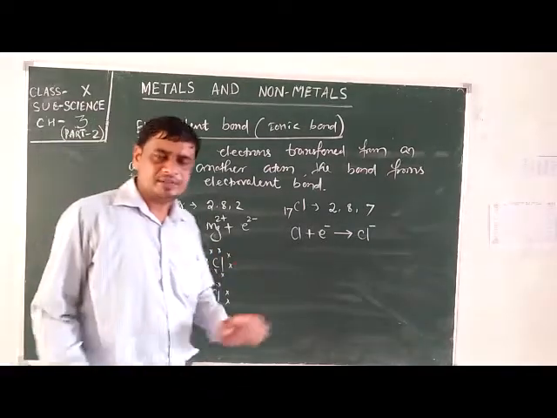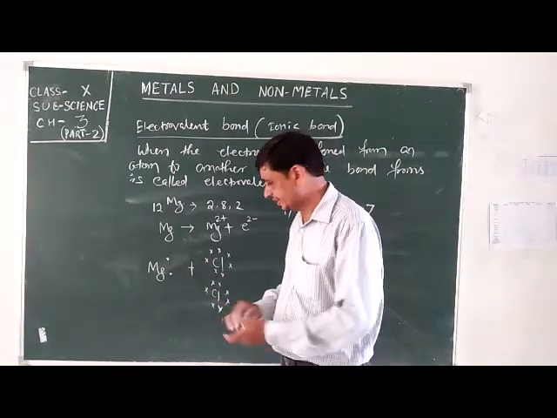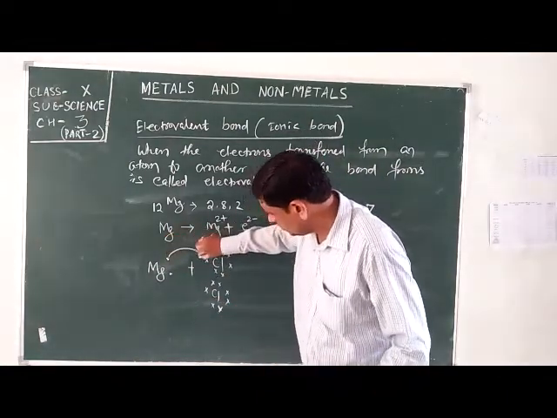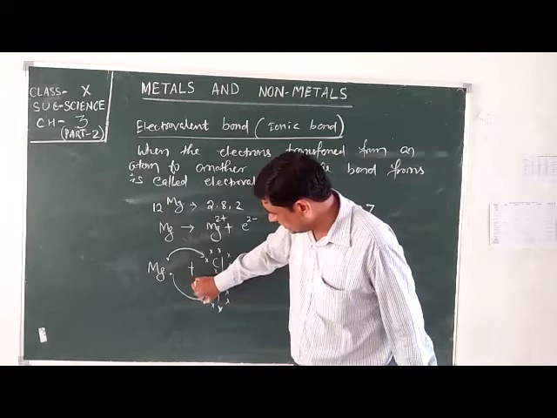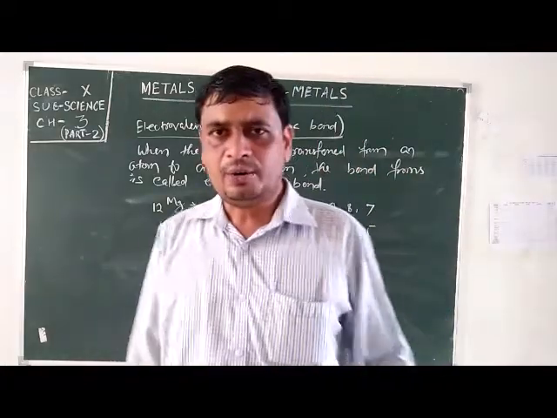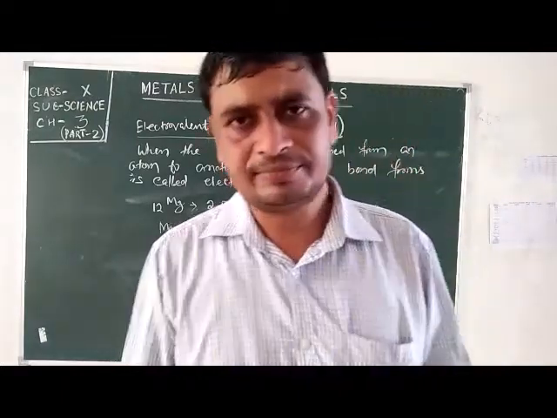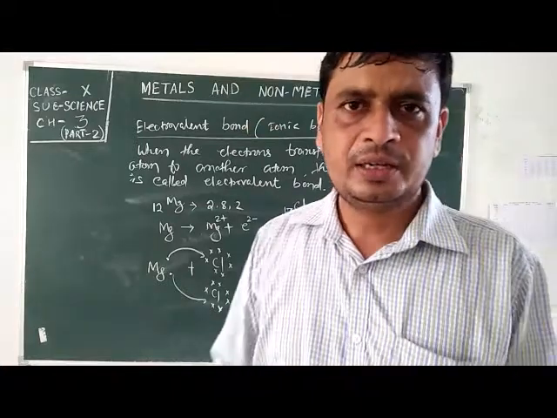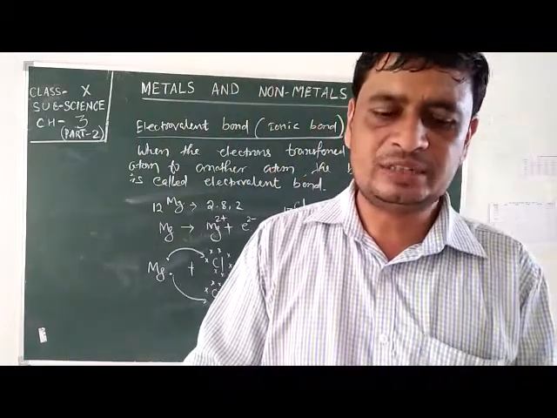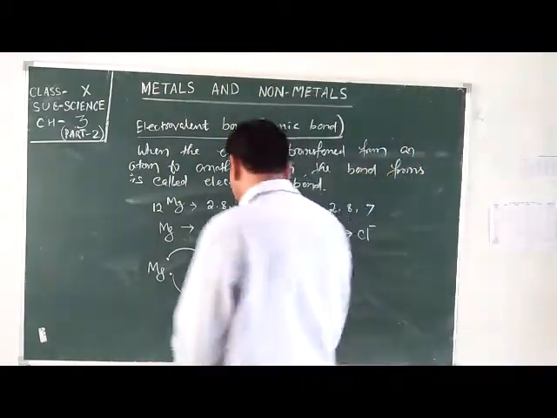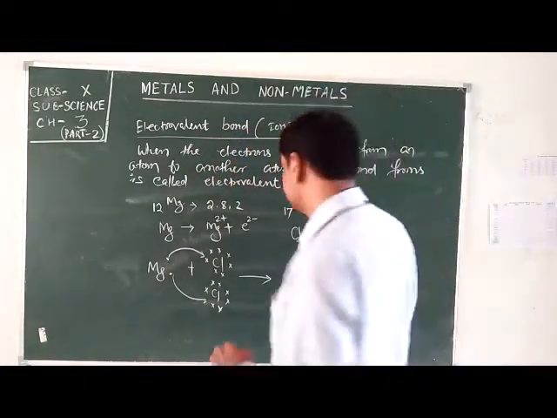Each valence electron from magnesium will transfer to a chlorine atom. Now this magnesium becomes a positive ion because it lost electrons. More positive charge is present in the magnesium atom, so it becomes a positive ion. Since two electrons are lost, it becomes Mg2+.